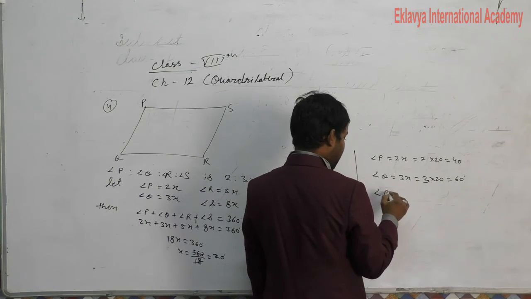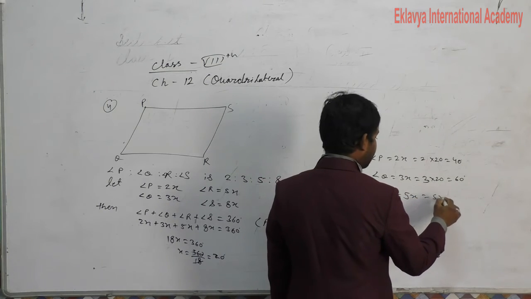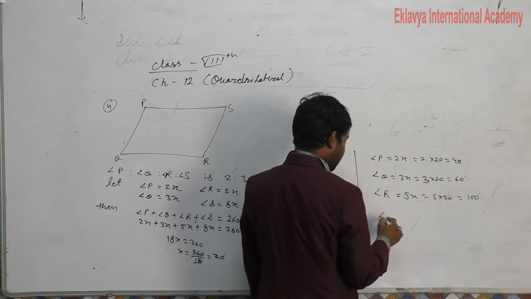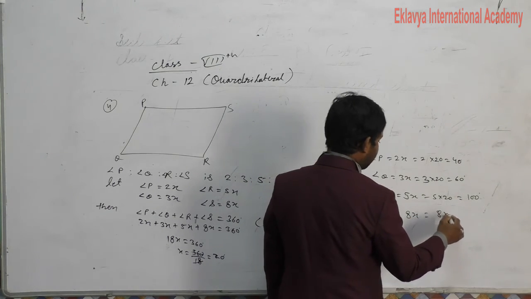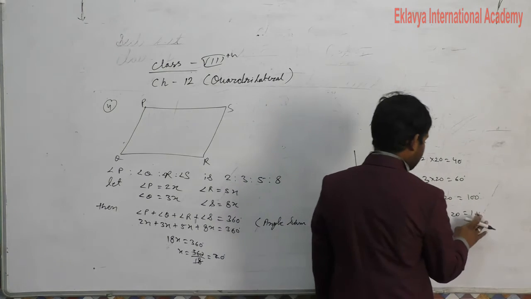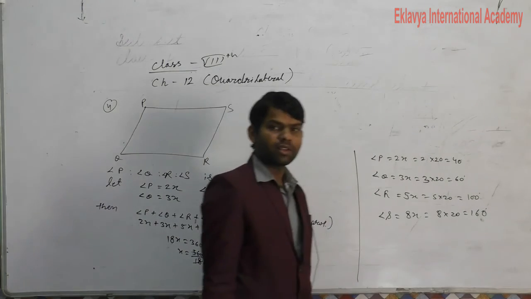Angle R is 5x, 5 multiplied by 20, 100 degrees. And angle S is 8x, 8 multiplied by 20, we get 160 degrees.